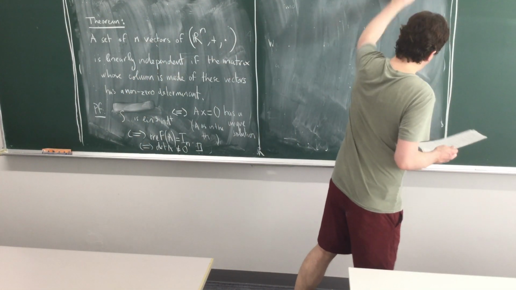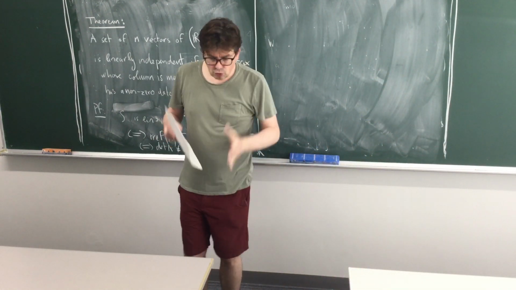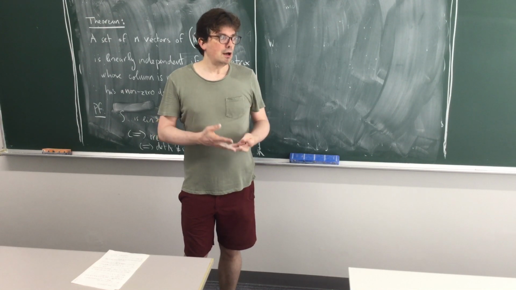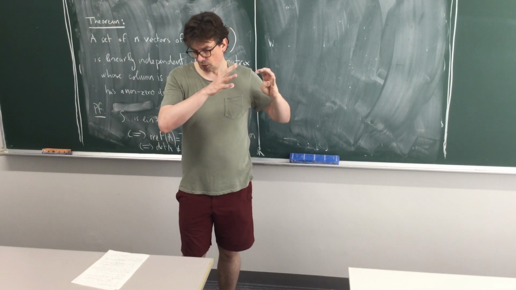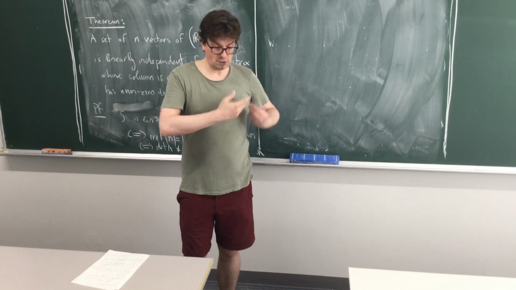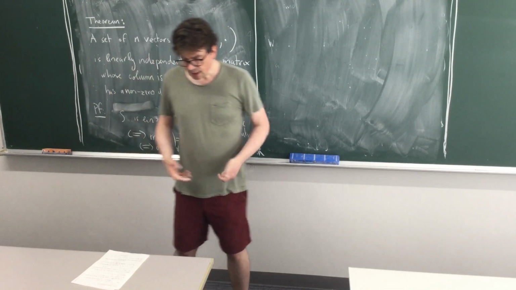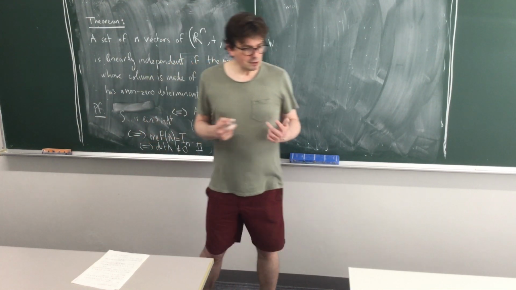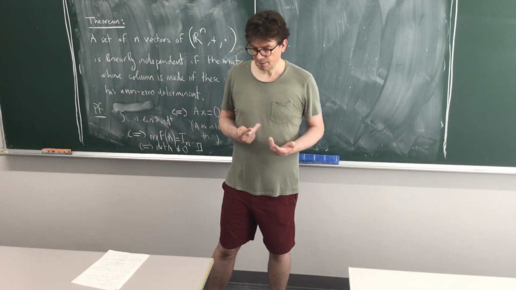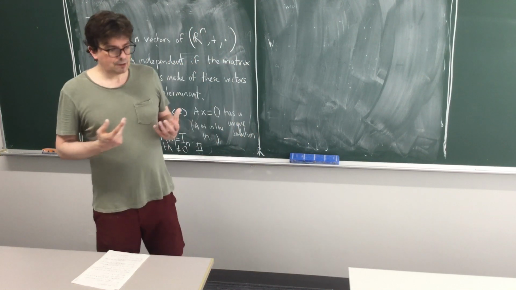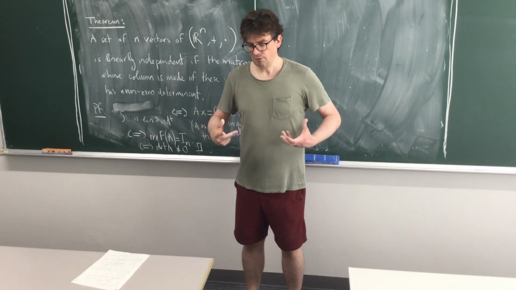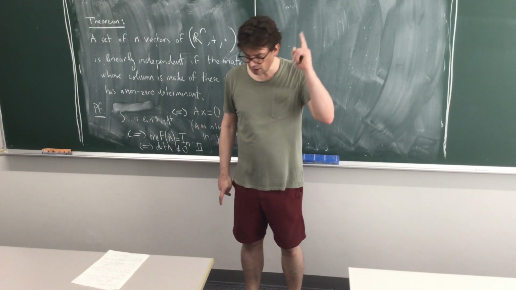So far, we have seen two conditions on a subset of vectors of a R vector space. We started always from a fixed R vector space V, and then we consider today a subset of vector S, and we have seen two conditions. One condition was that this set is spanning the vector space, which means that any vector can be described as a linear combination of the vectors of this set S. Okay, this was condition one.